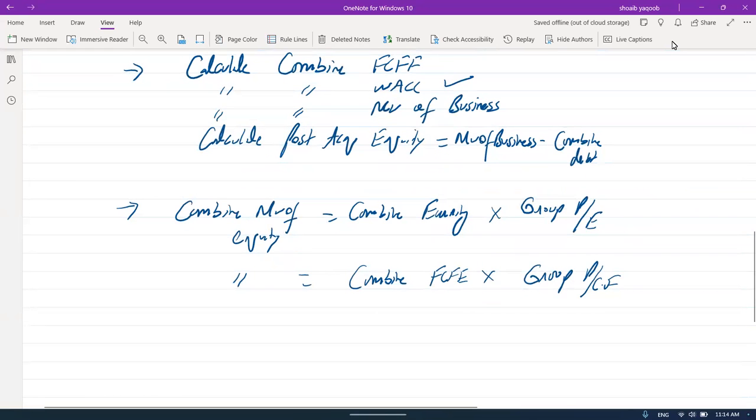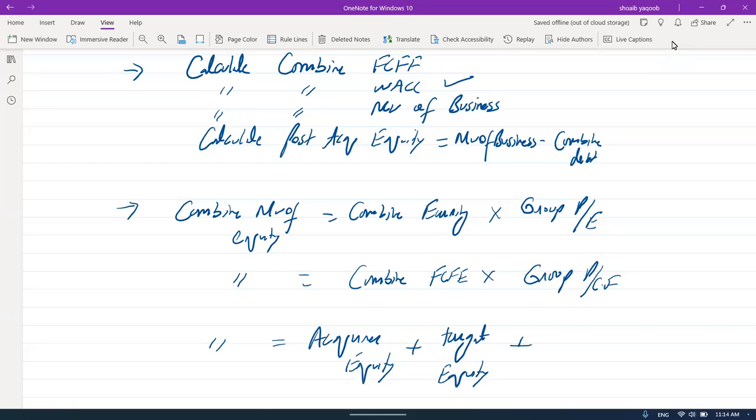Or in a very simple way, it can also be calculated as acquirer equity plus target equity plus total synergy value. In SIGRA, this formula has been used. So that's how you will calculate the combined market value.